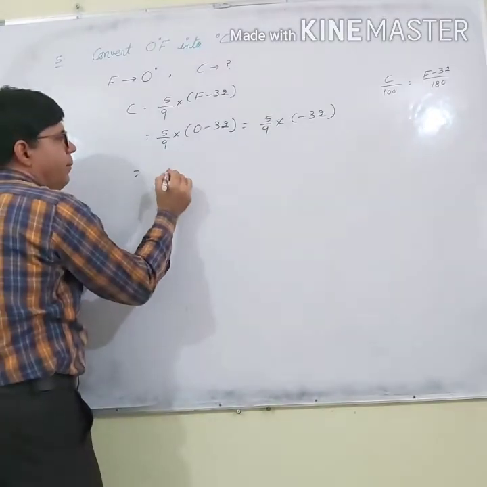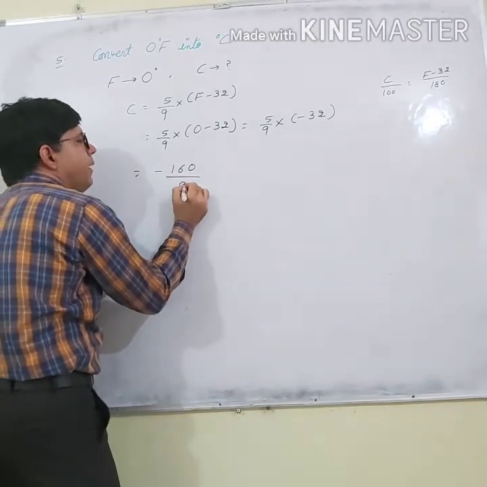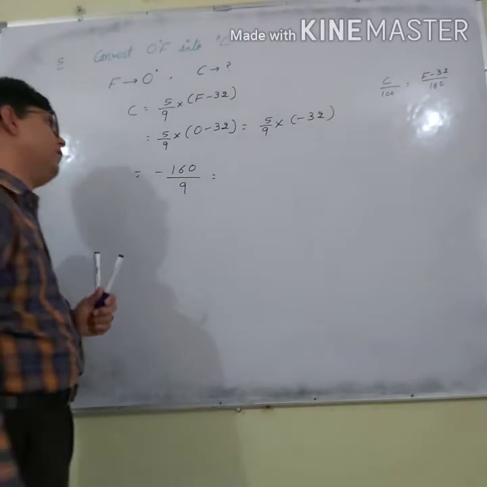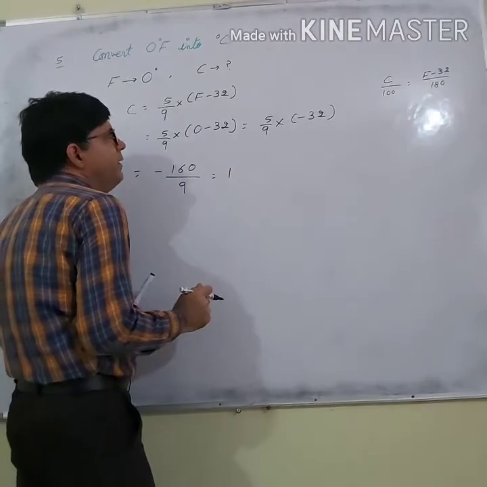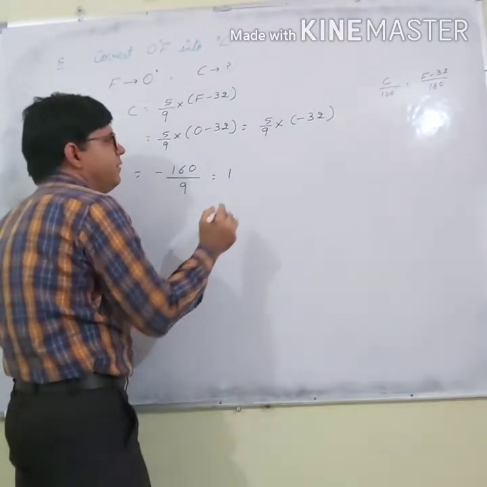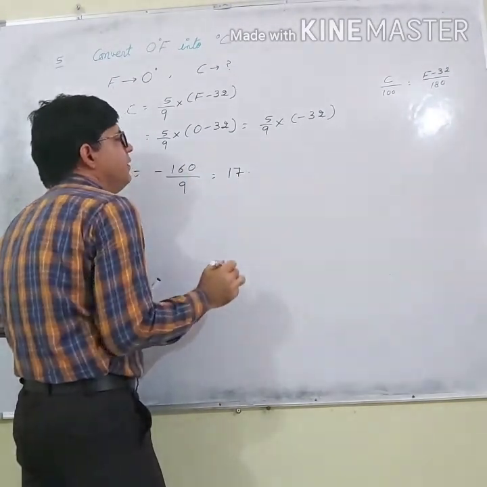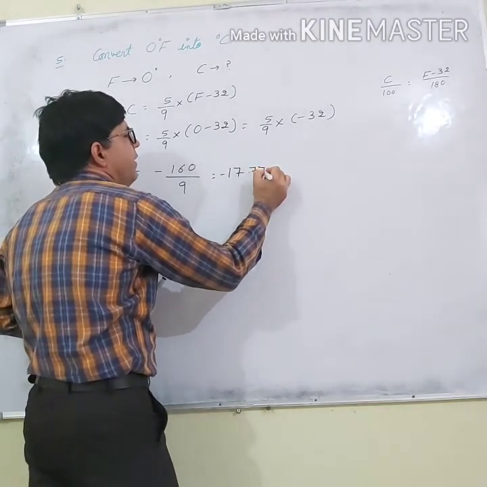So when you multiply it, it is minus 160 by 9. If you divide, how much will come? 9 ones are 9, 70 is there. So 9 6s are 54, 9 7s are 63. Again 7 is there, 9 7s are 63, with negative sign.